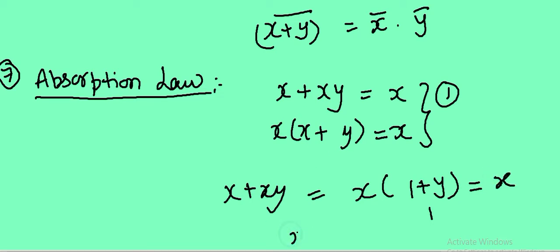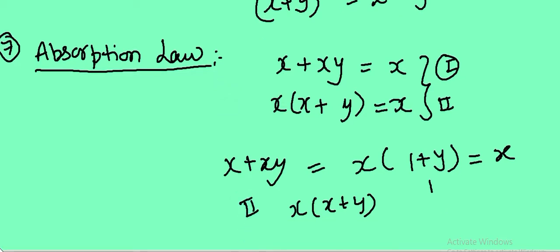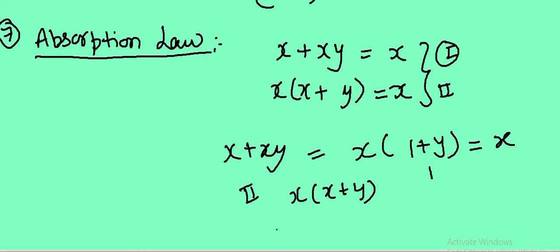It is x plus y, the second case. This is the second case, this is the first case. So in the second case, x plus xy, we can write it as x dot x plus x dot y. You can take the common right here, so it will be again x plus y.